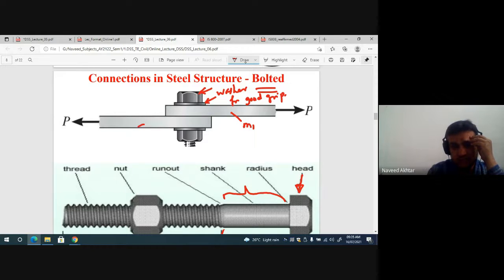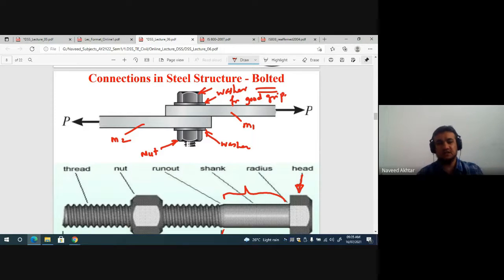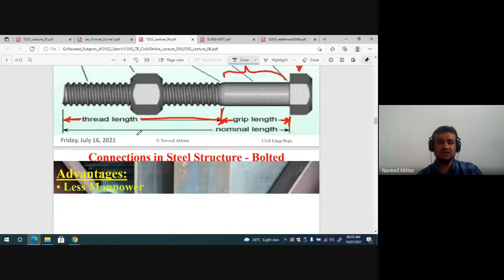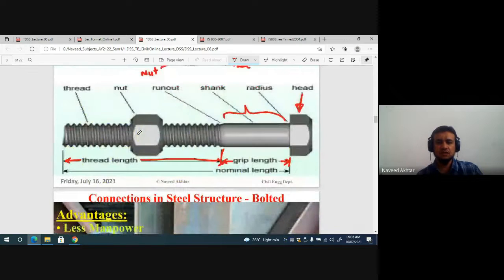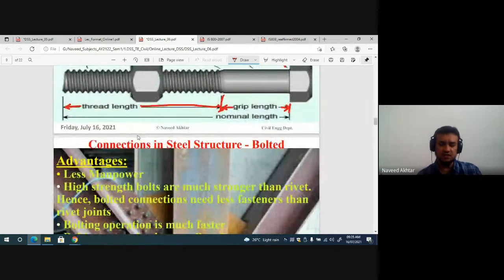This one is member two. Then again you have to provide the washer, and then you have to tighten with the nut. So tightening should be here. So these are the materials of the bolted connection. The welded connection we will see later on.